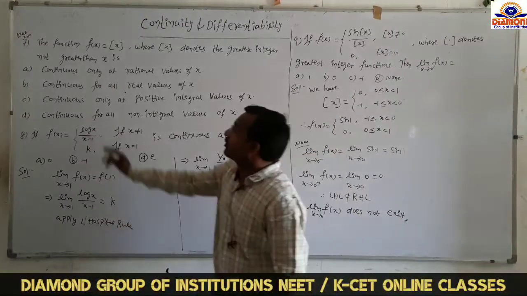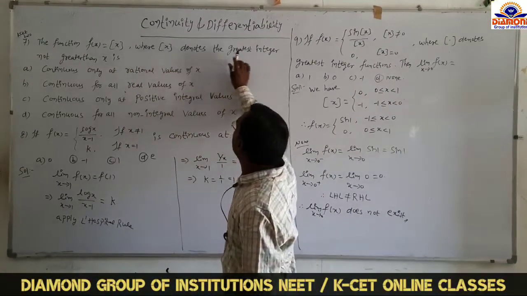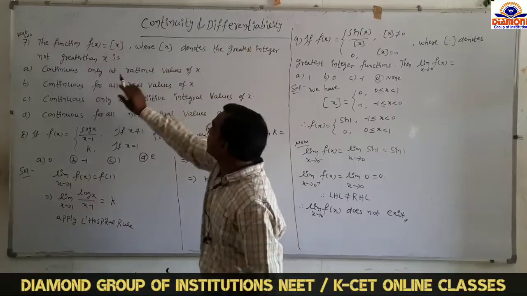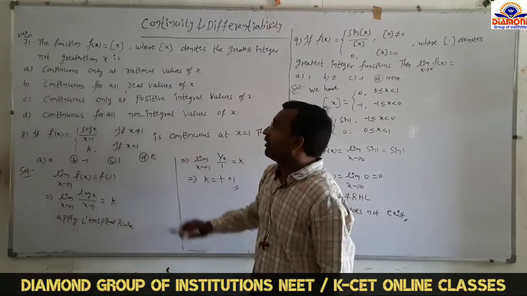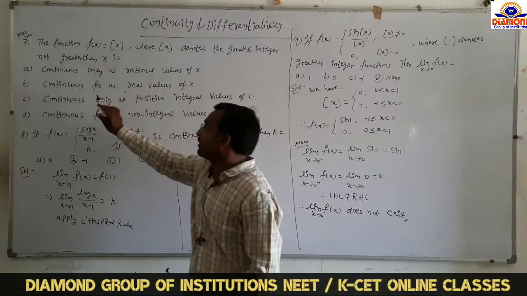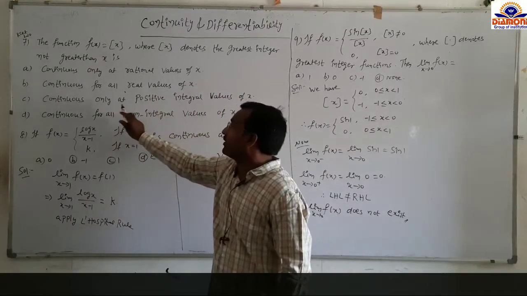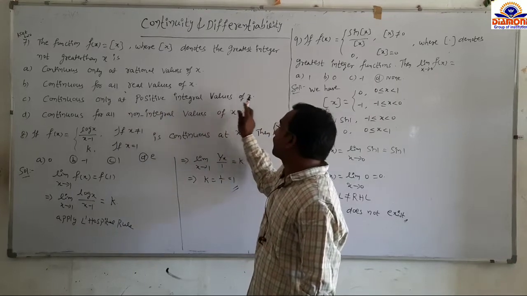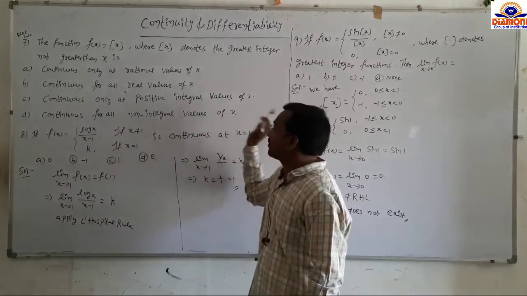Next problem. The function f of x equal to step x, where step x denotes the greatest integer function not greater than x, is option A continuous only at rational values of x, option B continuous for all real values of x, option C continuous only at positive integral values of x, option D continuous for all non-integral values of x.